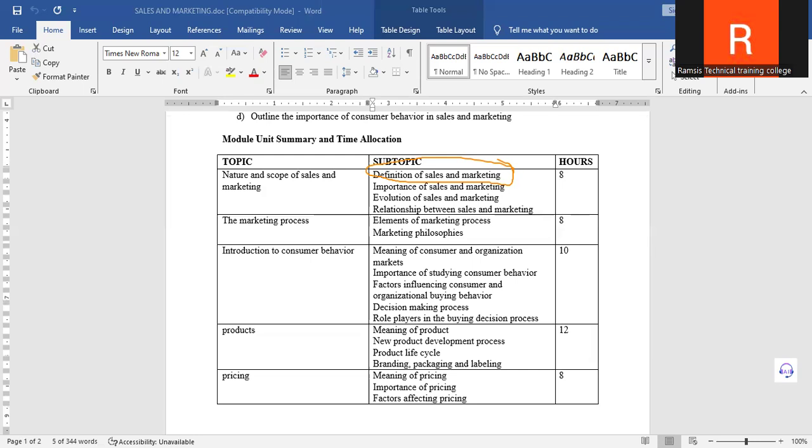Now, let us look at the relationship between sales and marketing. One is that they are interconnected, in that marketing generates leads while sales convert those leads into customers.